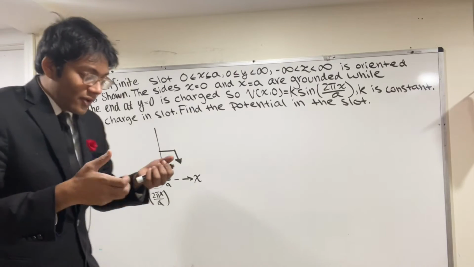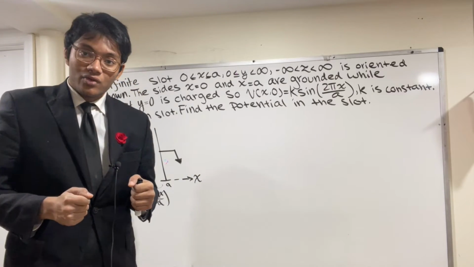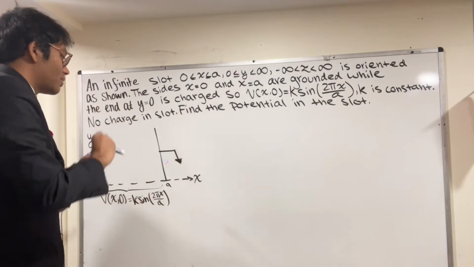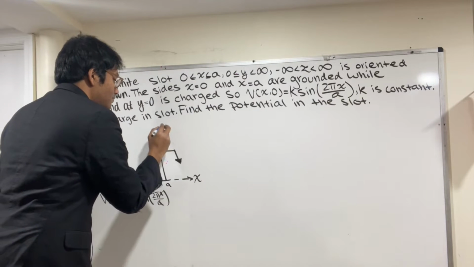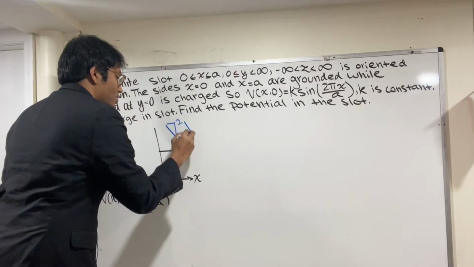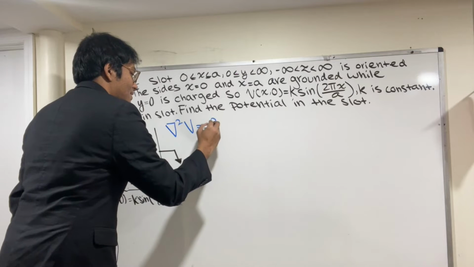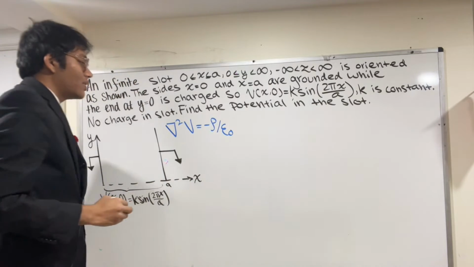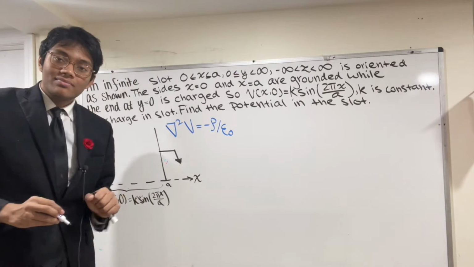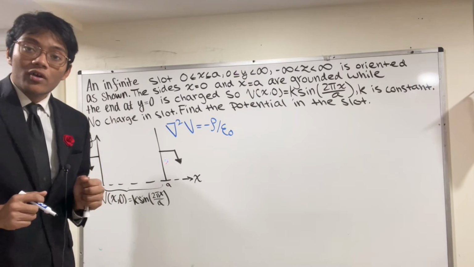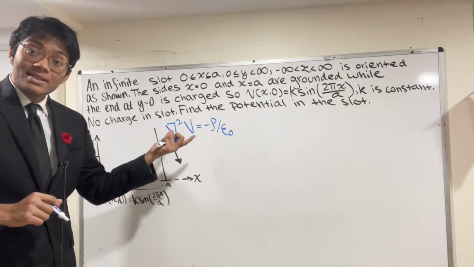What is our fundamental equation for the Laplacian? The fundamental equation is this. We start from Poisson's equation, which tells us that nabla squared of the electric potential is minus the volume charge density over epsilon naught. Where does this come from?